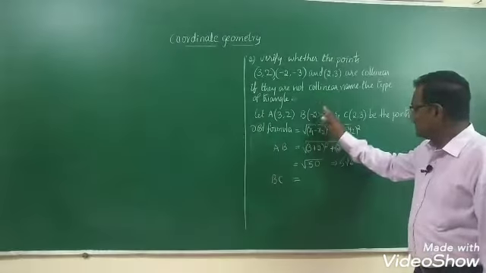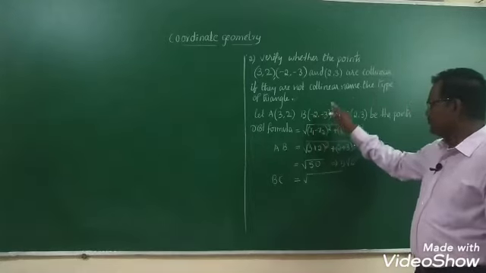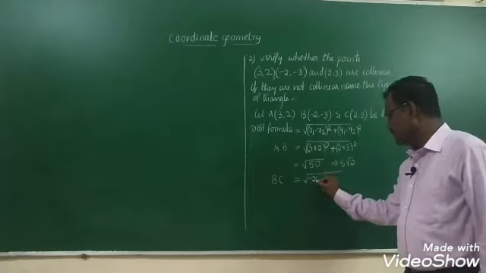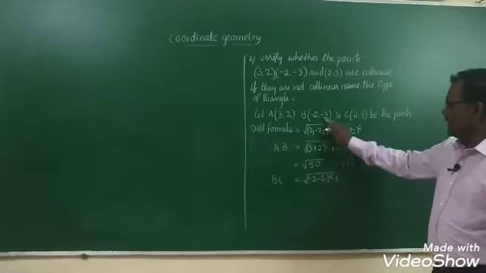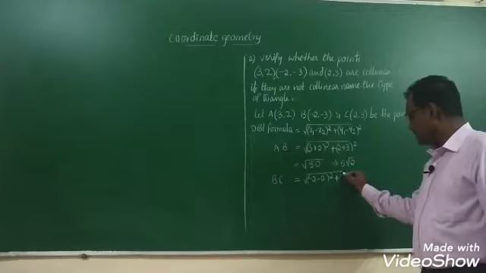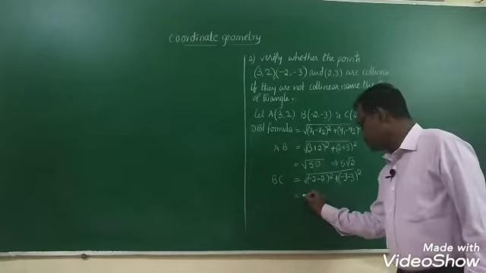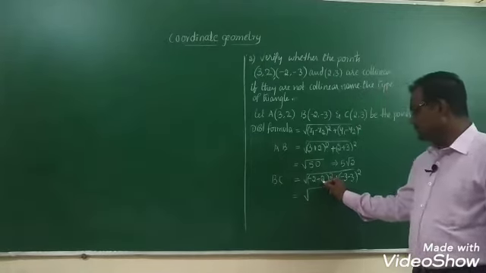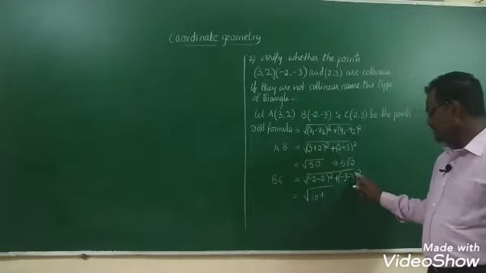Therefore, x1 minus x2. Observe carefully here: (-2 minus 2) whole square plus (-3 minus 3) whole square, because of y1 minus y2. That is equal to root of (-2 minus 2) is minus 4, minus 4 whole square is 16, plus (-3 minus 3) that is minus 6, whole square is 36.